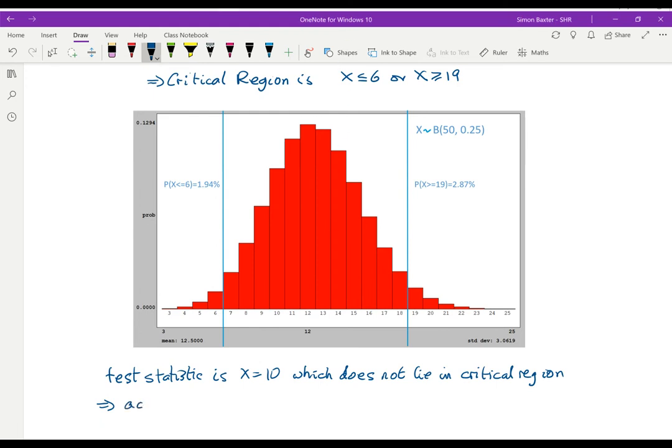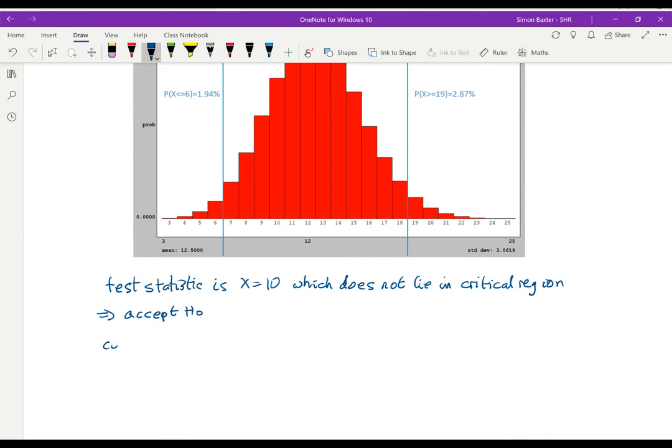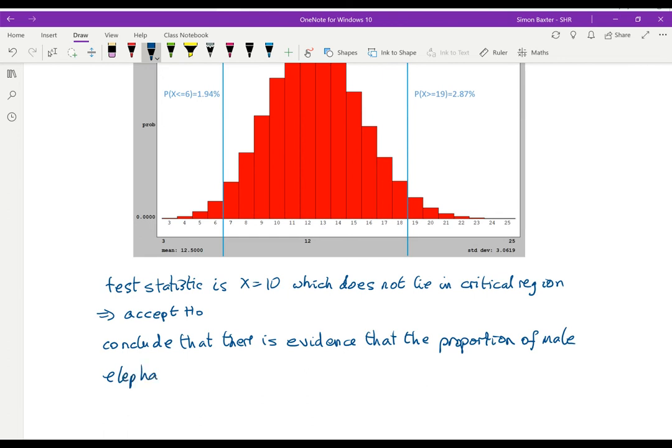We accept H0, and we conclude that there is evidence that the proportion of male elephants has not changed.